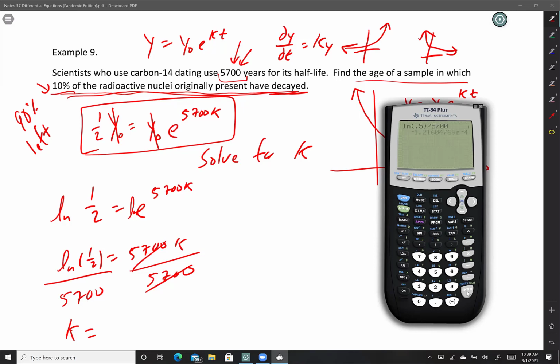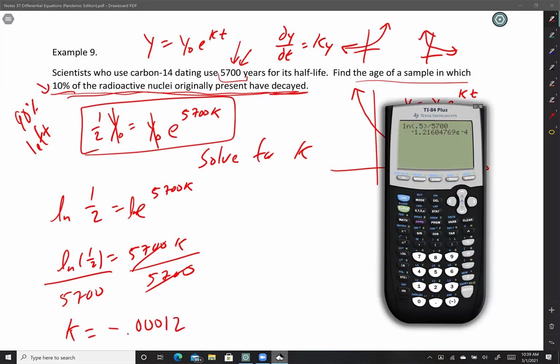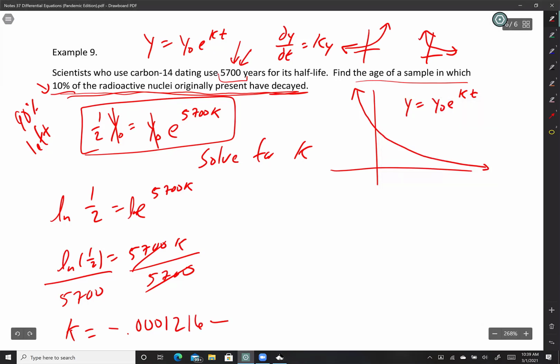I'm going to push enter, and it's no surprise that it is negative. By the way, that e to the negative 4 means it's really small. So that means negative 0.0001 and so on. Store it to k in the calculator.